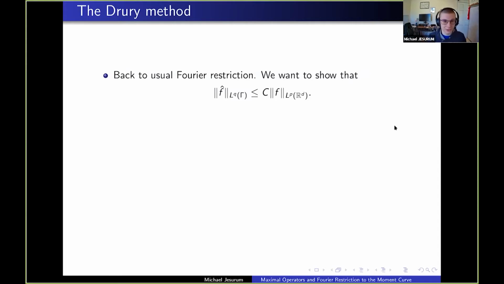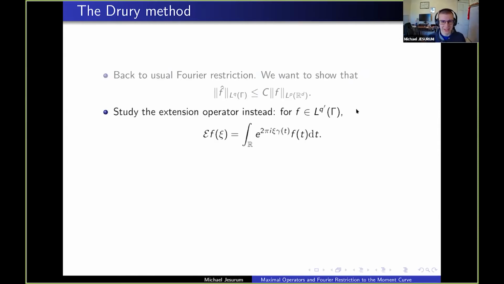Just usual Fourier restriction. We're looking at f hat, no maximal operators involved on this slide. And we just want to show that f hat in L^q of gamma is bounded by f in L^p. Okay, so restriction problems often turn around and look at the extension problem, the adjoint operator to the restriction operator.